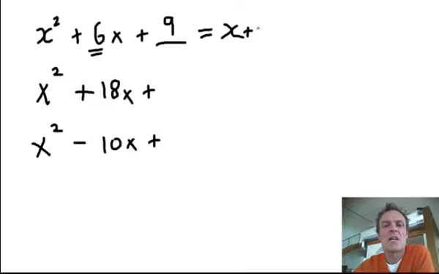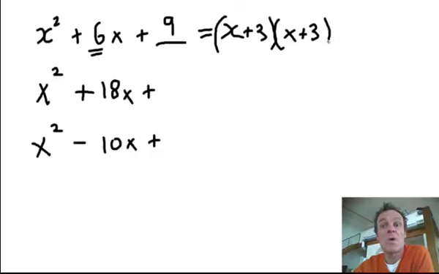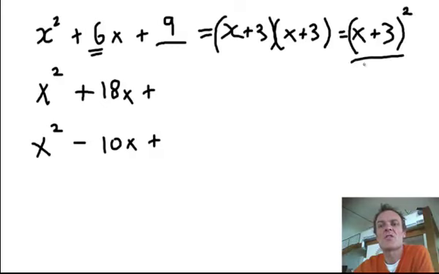So if I were to factor it, which is what the question's saying, I'd have this. And that's what the perfect square trinomial means: you can turn it into x plus 3 squared.